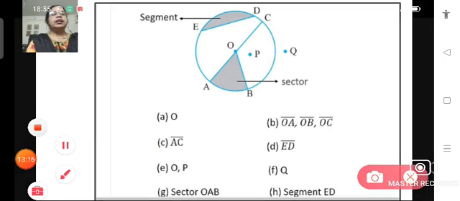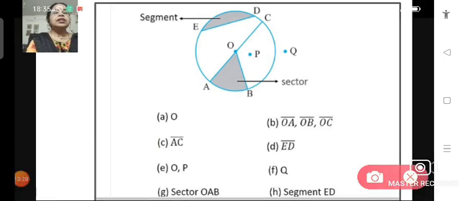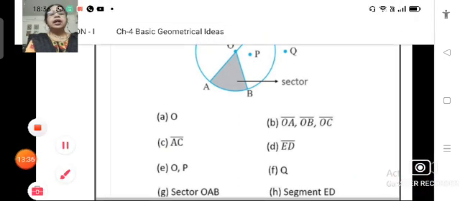Radius is a line segment that connects the center of the circle to a point on the circle. So we can take OA, OB and also OC as the radii. Then C is the diameter. So what is a diameter?